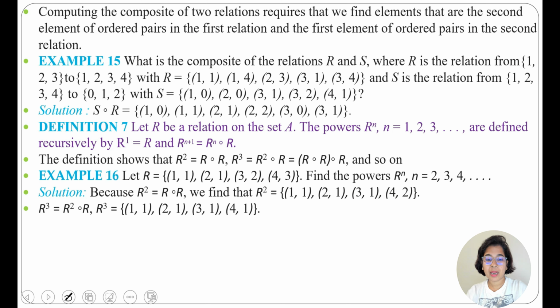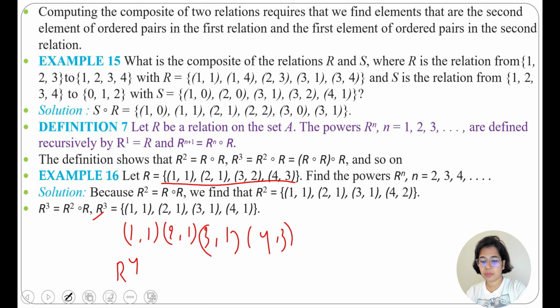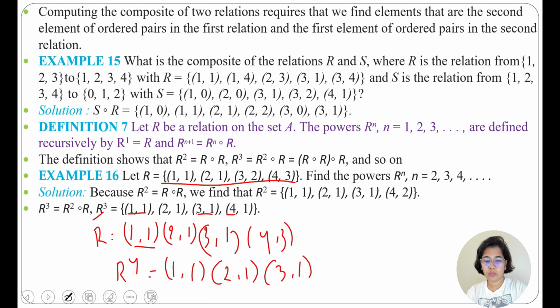Next we will find R^4. This is our R^3, which we will compose with R. R contains (1,1), (2,1), (3,2) and (4,3). Now the composition gives (1,1), (2,1), (3,1), (4,1).